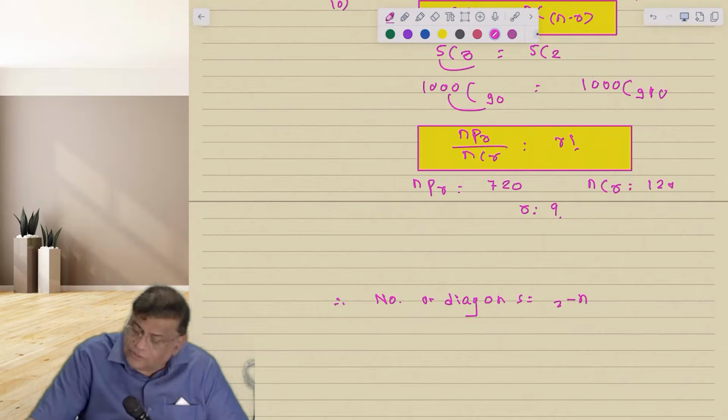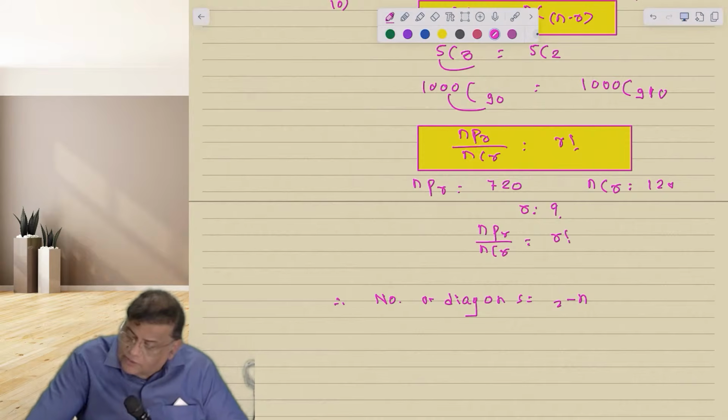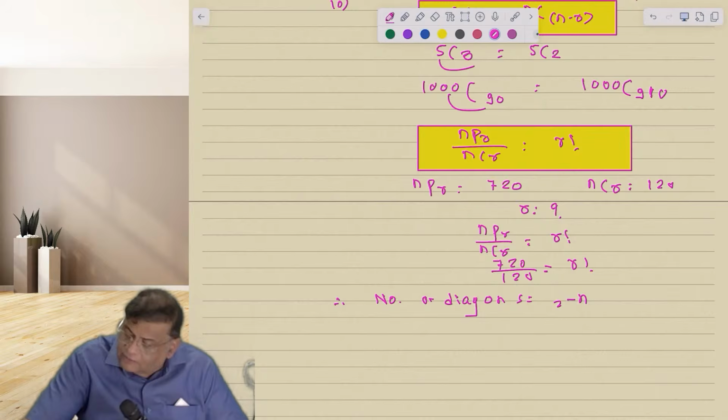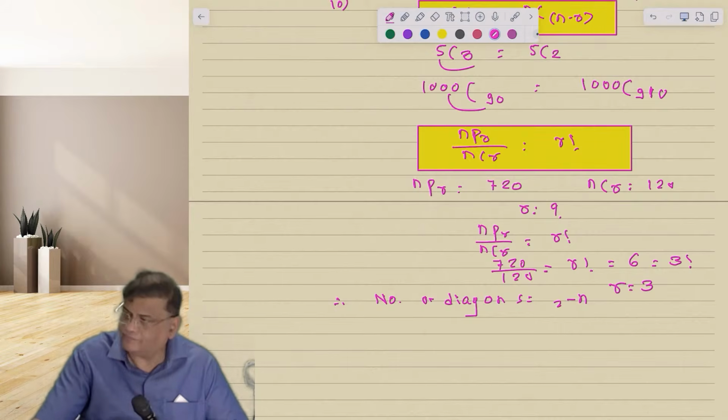So what you know is that NPR over NCR is equal to R factorial, and therefore 720 over 120 is R factorial, which is 6. But 6 is 3 factorial, and as such R is 3.